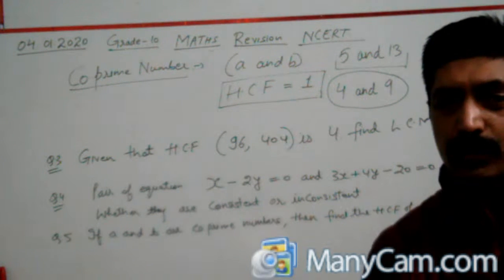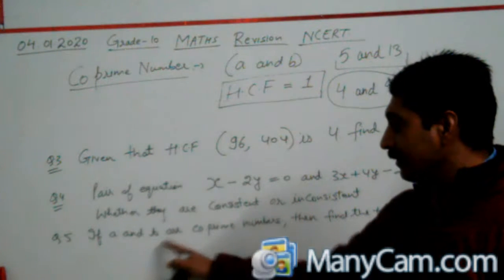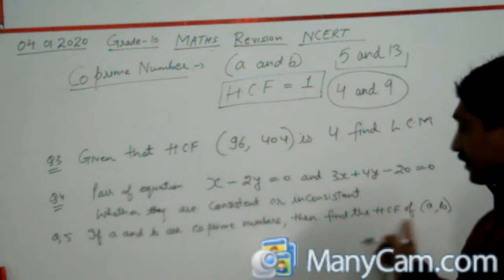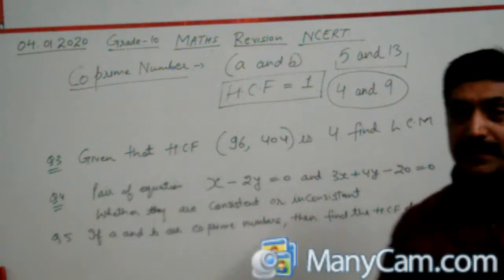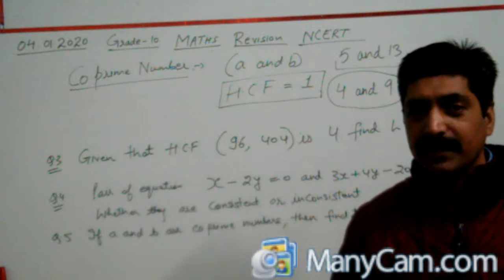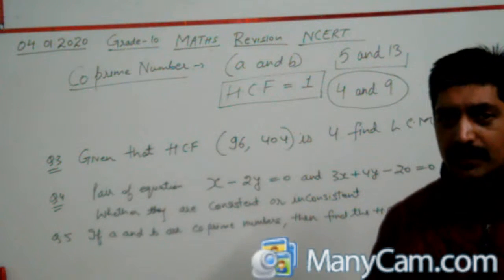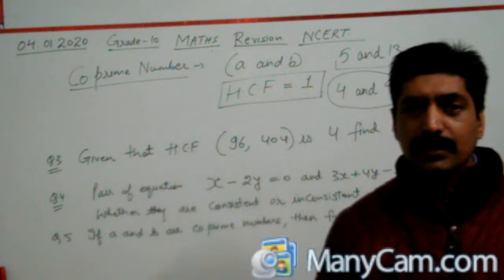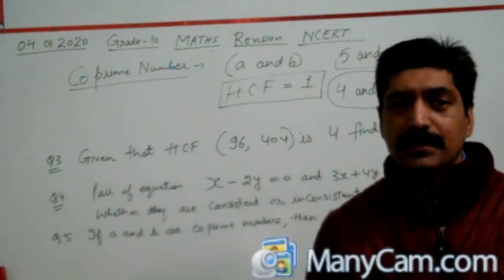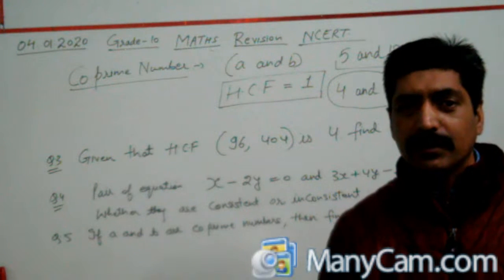Okay, so in the fifth question, if A and B are co-prime numbers, then the HCF of A and B is always 1, right? So this is a very simple and important question. At least you should remember all prime numbers between 1 to 100, right?